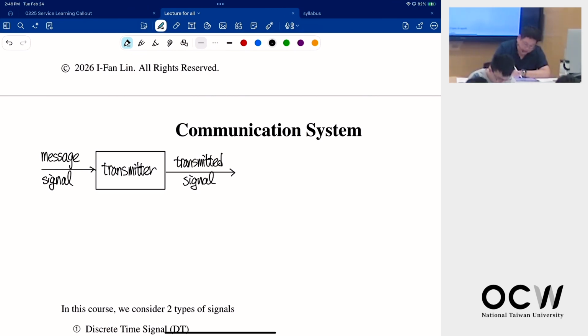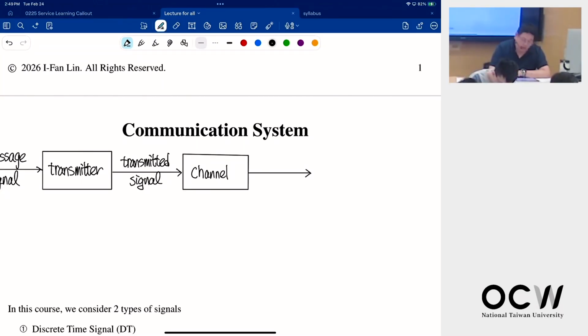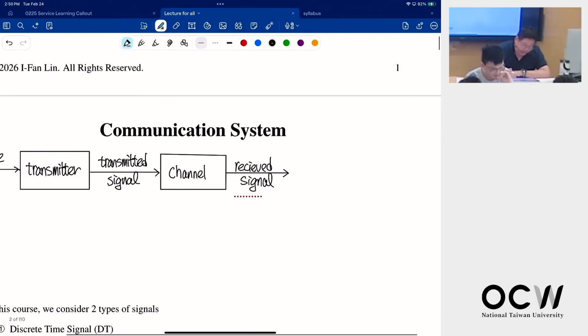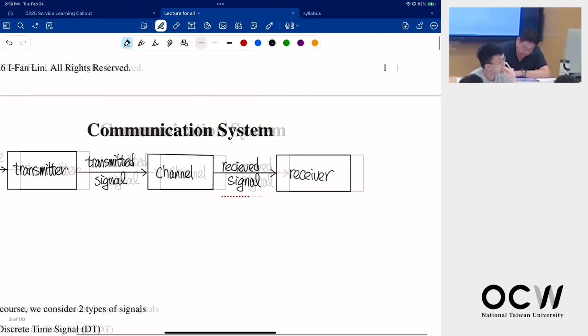And then they send this signal to a channel. Then after the channel, we have the signal called the received signal. And then we send this signal to another box called the receiver.